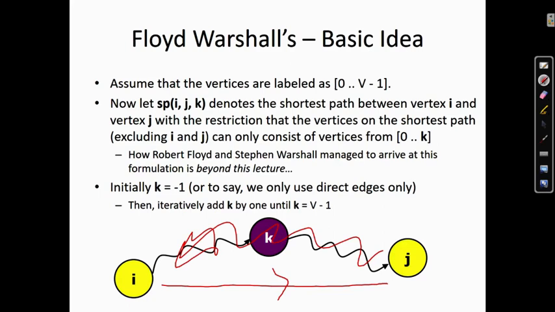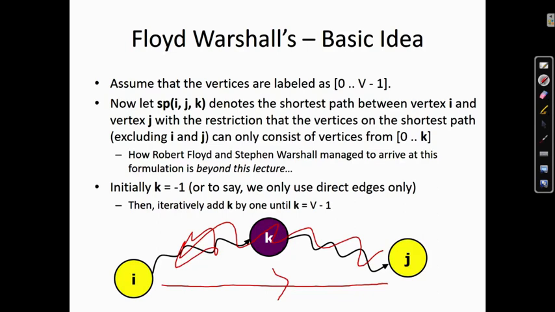Then I have the triple nested for loop. The outer loop will run through k from 0 to v minus 1. What it means is this: for the first iteration of k, for any ij, I consider vertex 0 as an intermediate vertex. Does it improve the shortest path? If it does, update the cost.